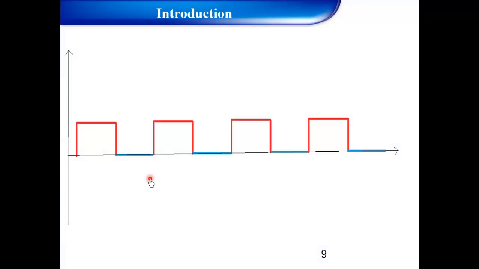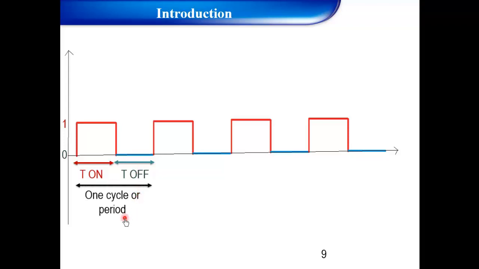Now this is a square wave. Low, high. Okay, low, high. T on or T high. T off or T low. Now high, low.